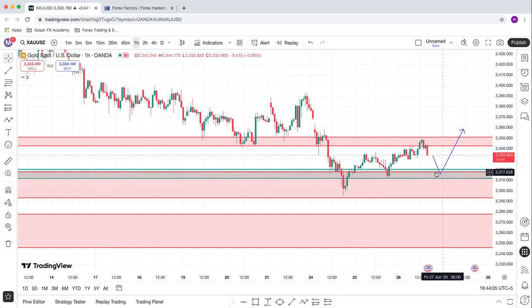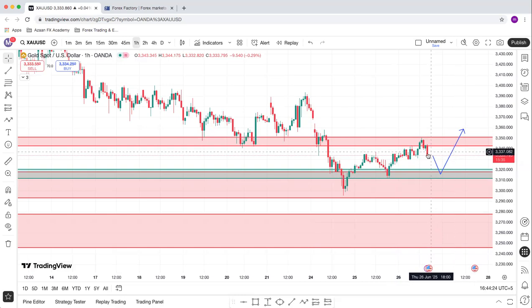So we will try to take a buy position from here. After confirmation, you may see your confirmation that could be a VSA or change of character in SMC or your candlestick patterns, whatever you want to use.